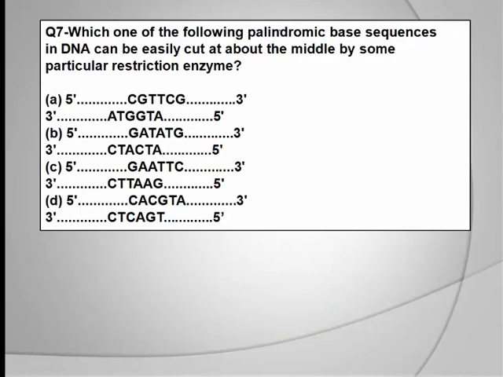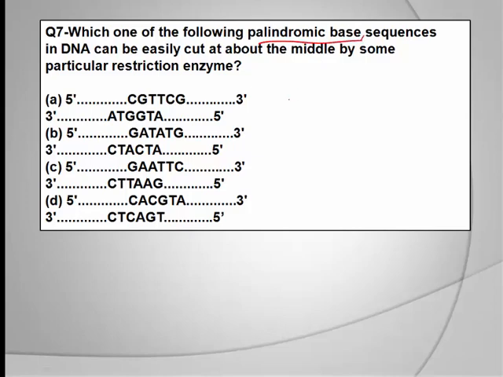So here some palindrome sequences are given. Which of the following palindromic base sequences in DNA can be easily cut at about the middle by a particular restriction enzyme? So what is a palindromic sequence?